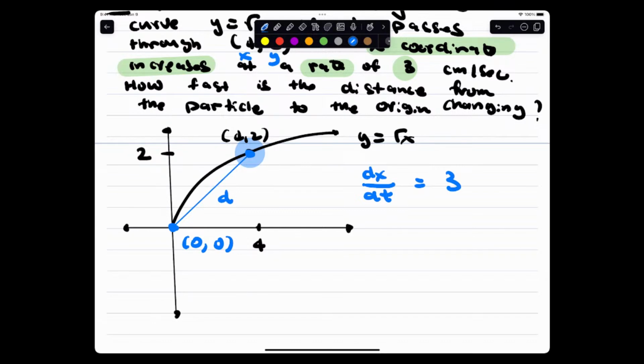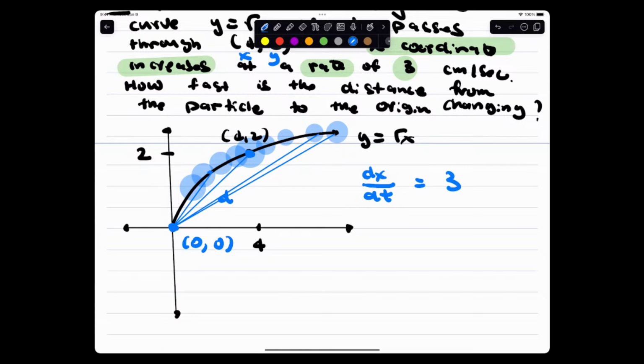So as this particle is moving along this curve here, there's various distance values. Okay, you guys see my point? There's various distance values. Okay.